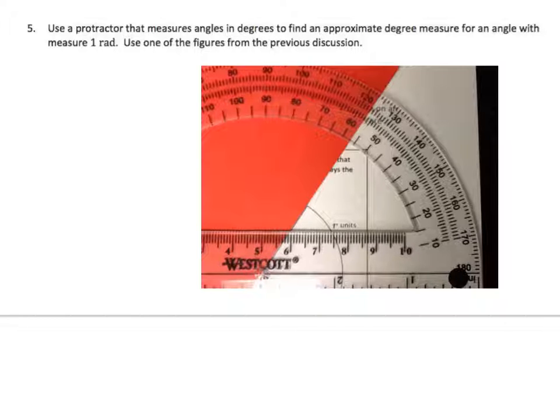So I took a picture of one of the figures from the previous slide, and I just measured that this was 1 radius, and the measure of the degrees is from here to there, 57 degrees. So let me review that really quick. This is from one of the slides previously. This was R radius, and R units for the arc. Gives me a measure of 57 degrees.